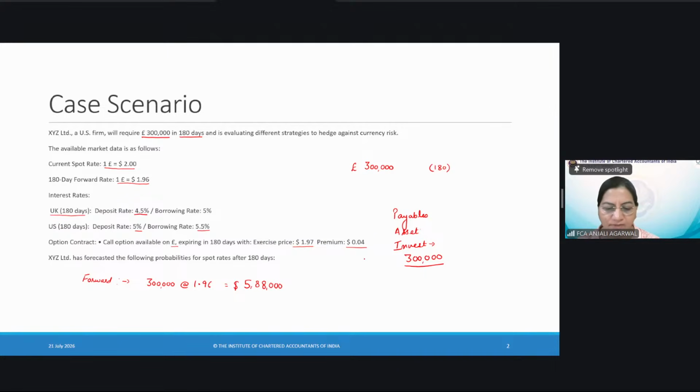So you will invest 300,000 pounds divided by 1.045, and the investment required would be 2,87,081.34.